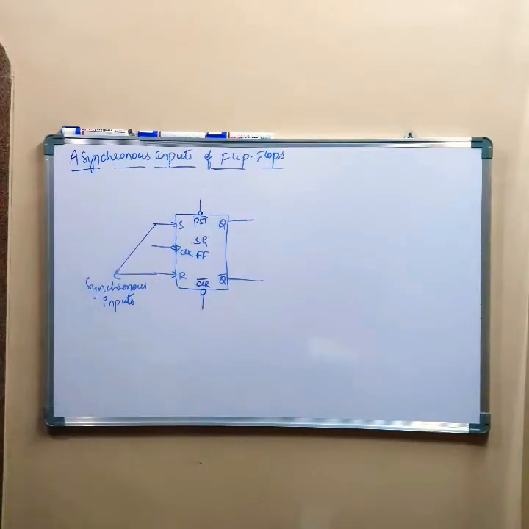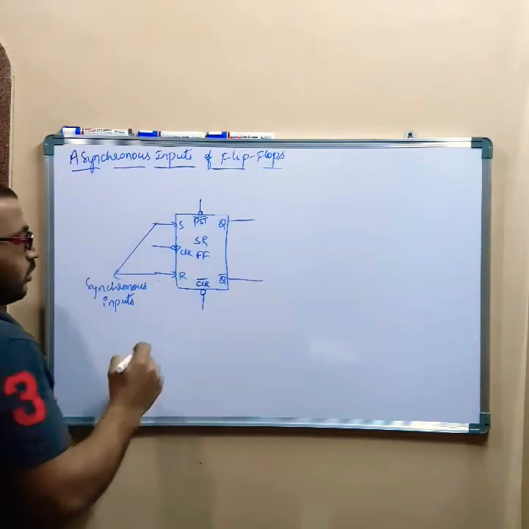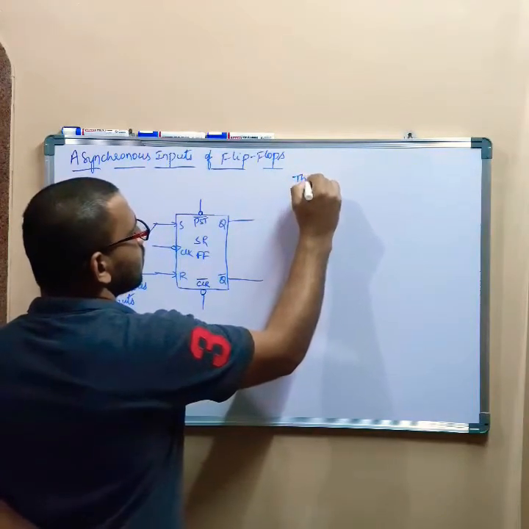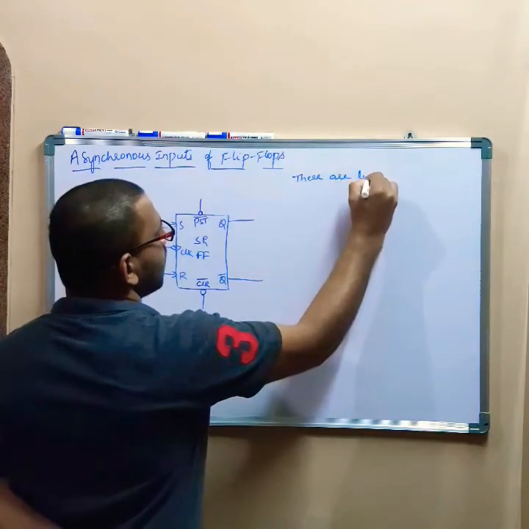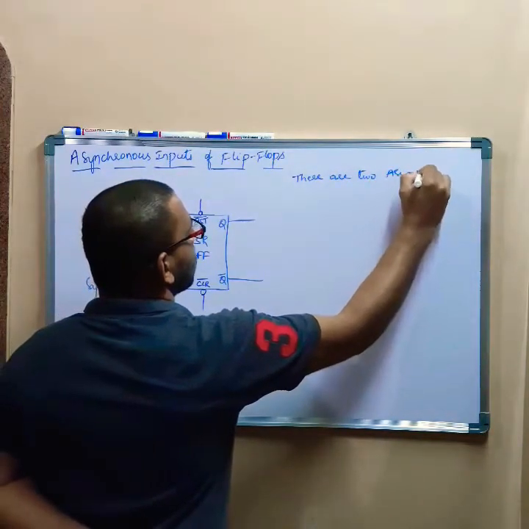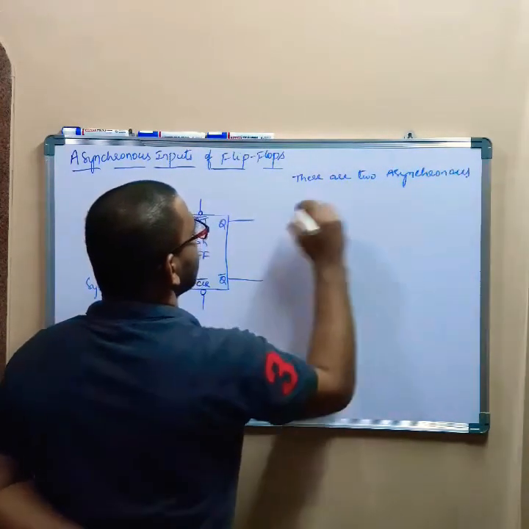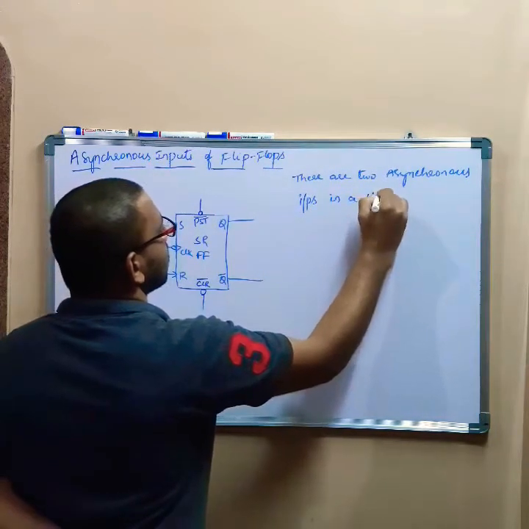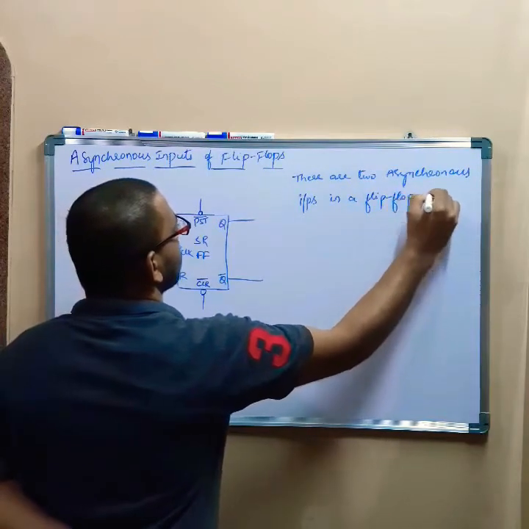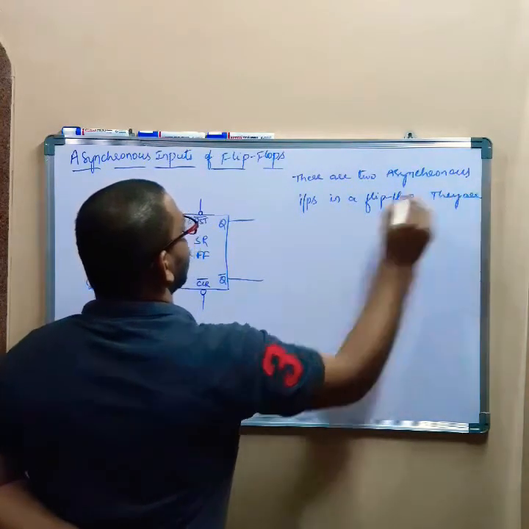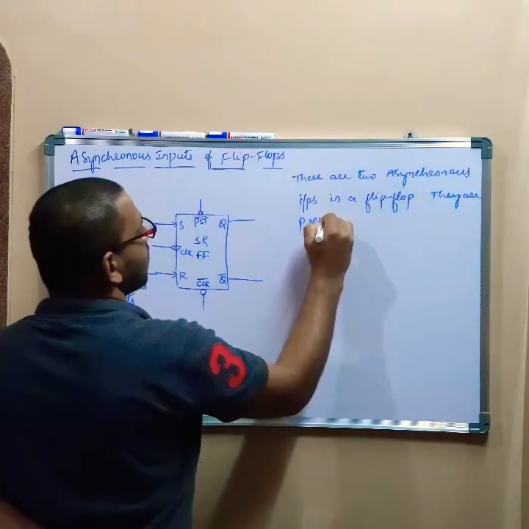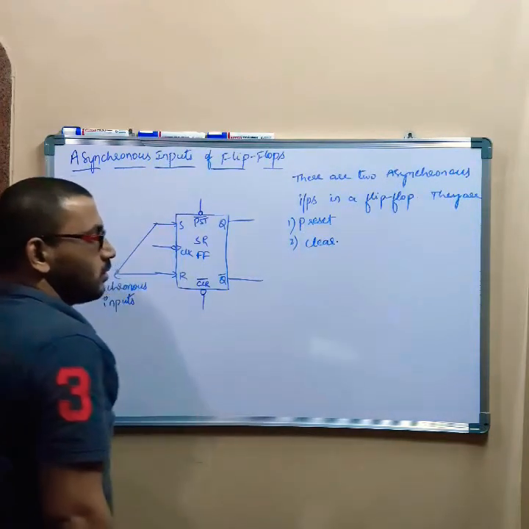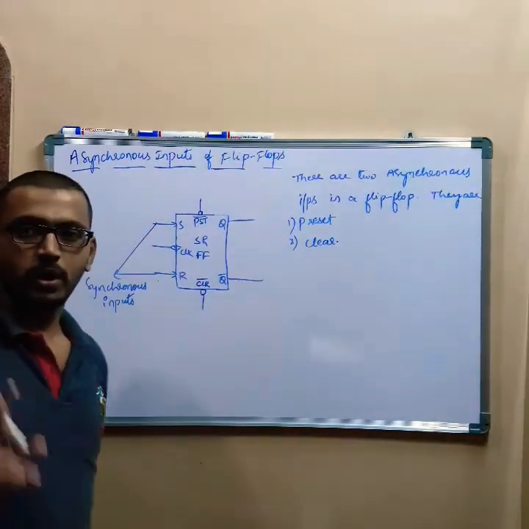So there are two asynchronous inputs in a flip-flop. They are preset and the second one is clear. These are important for 2-mark questions.